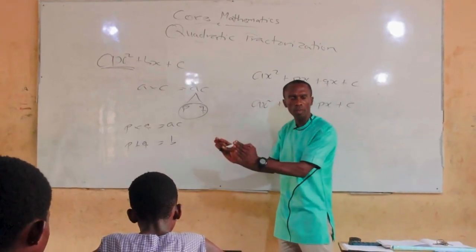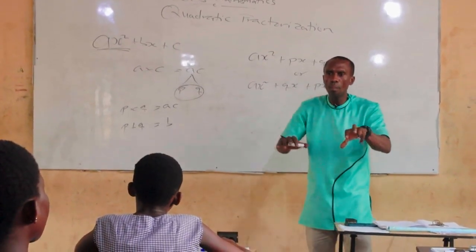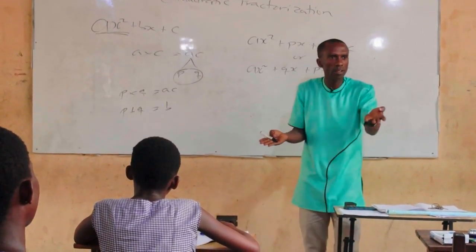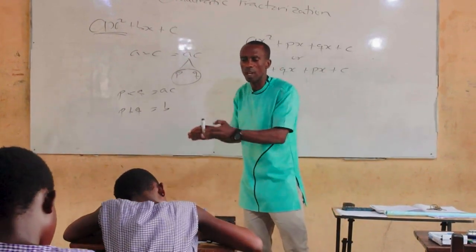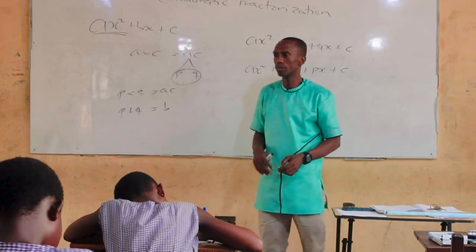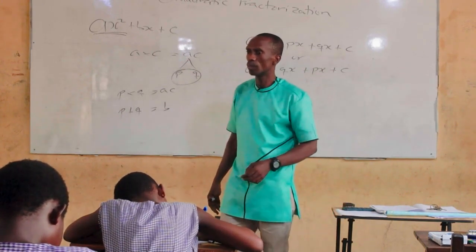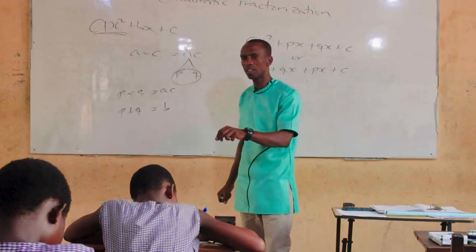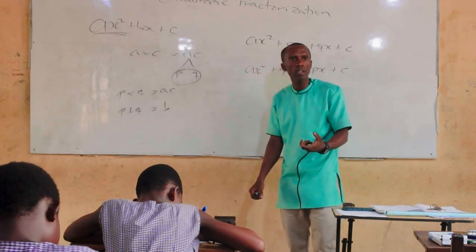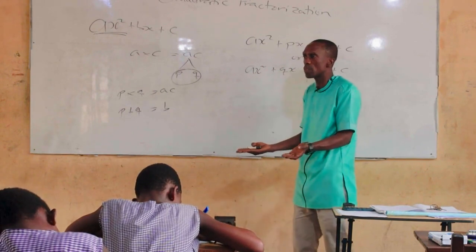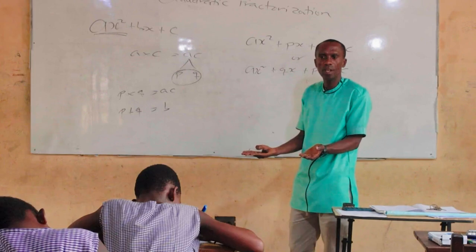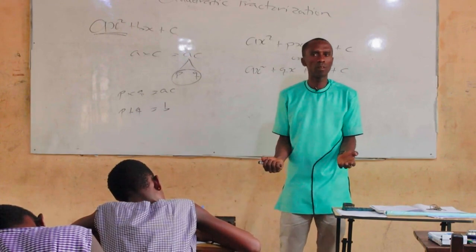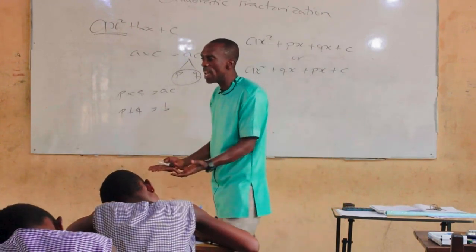Before we move on to the example, let's just touch on one or two basic importance of quadratic factorization in real life. So you write real life application of quadratic factorization. In physics and engineering, the knowledge of quadratic factorization can be used to solve problems involving motion and energy.